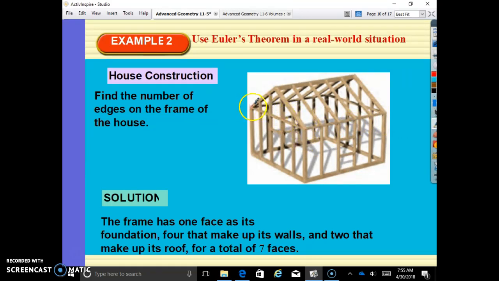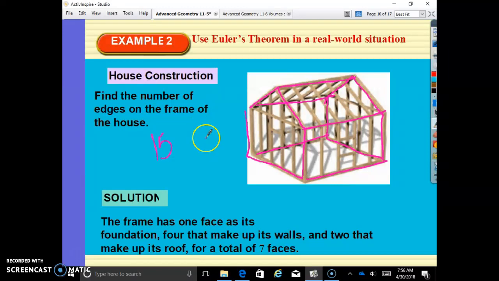How many edges? 1, 2, 3, 4, 5, 6, 7, 8, 9, 10, and then how many connecting them? 5 more, right? 11, 12, 13, 14, 15. 15. All right, so how many edges on the frame of the house?